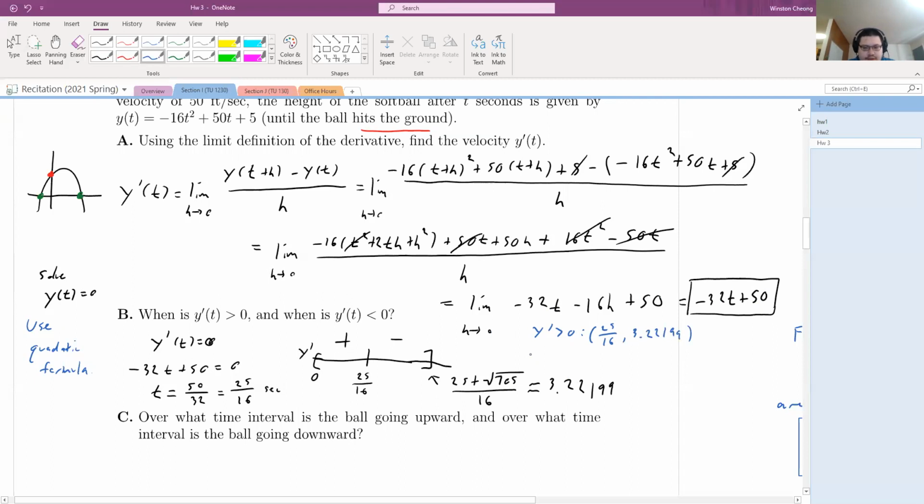And then y prime is less than 0 on the interval from 0 to 25 over 16. So this is the answer for the problem if you're trying to be really technical, if you assume that the ball doesn't travel through the earth, which it shouldn't.